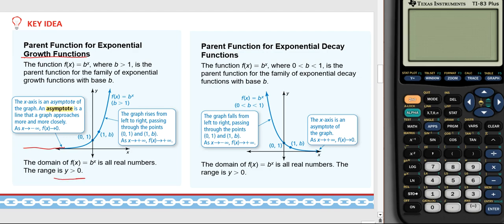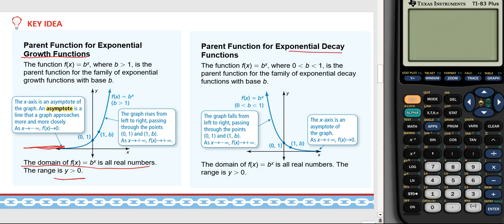So the parent function has a range of y is greater than 0, because it approaches 0 but never touches it. The domain of all of our exponential functions is all real numbers, since the x values continue on forever in both directions.